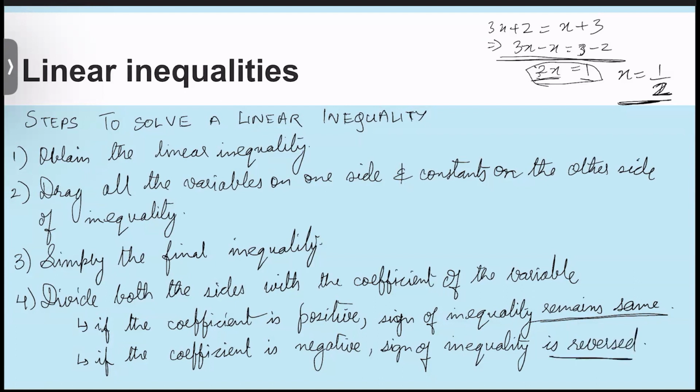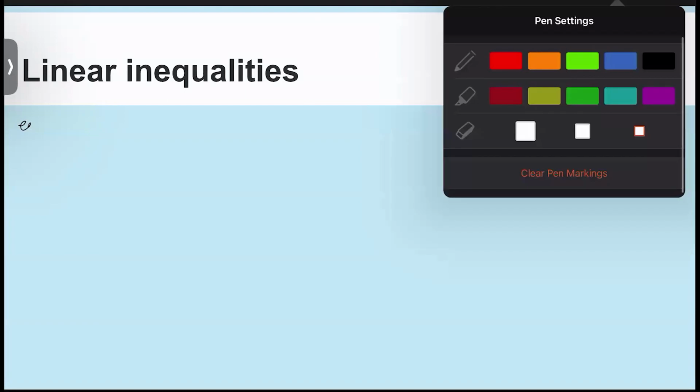Okay, so less than will become greater than, or less than or equal to will become greater than or equal to, and vice versa. Okay, so these are some kind of easy steps to follow when we are trying to solve a linear inequality. So let's take some examples. We'll solve a few questions.